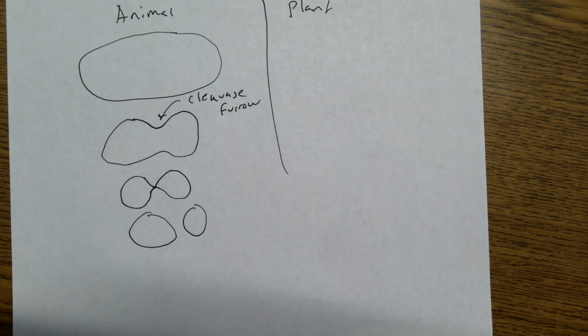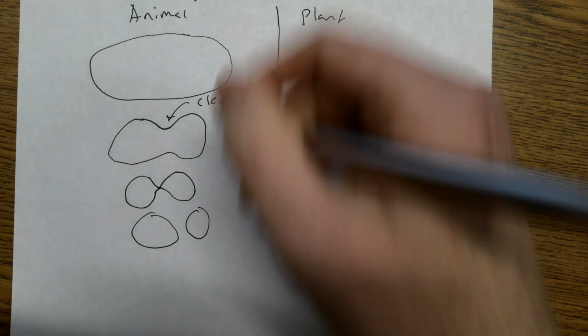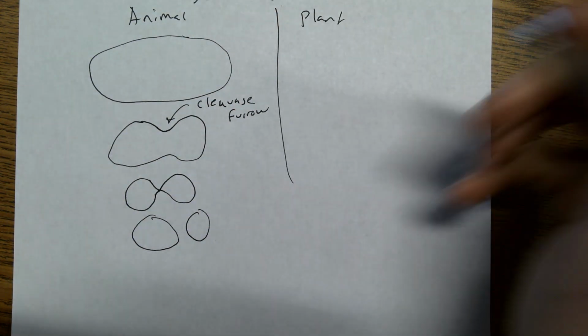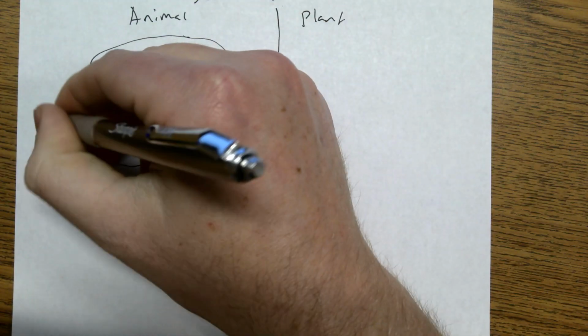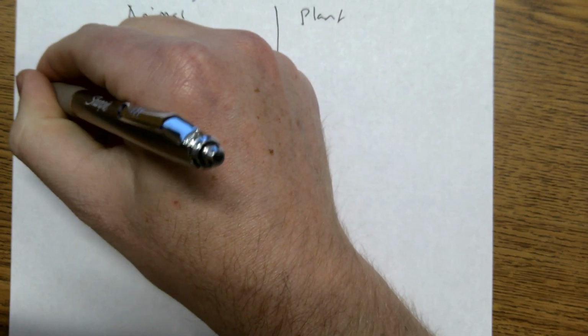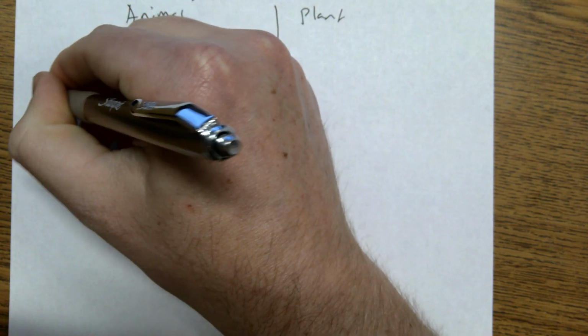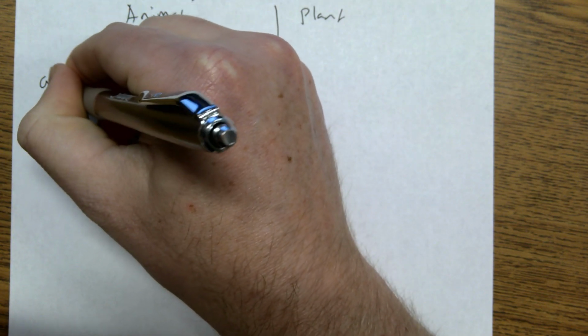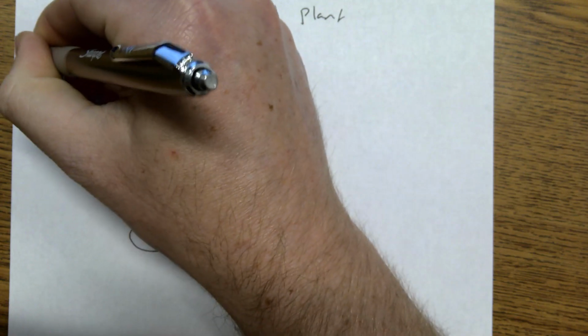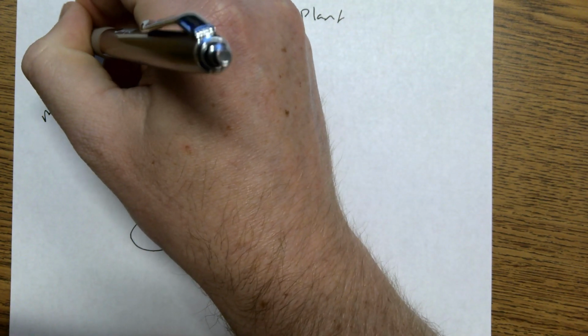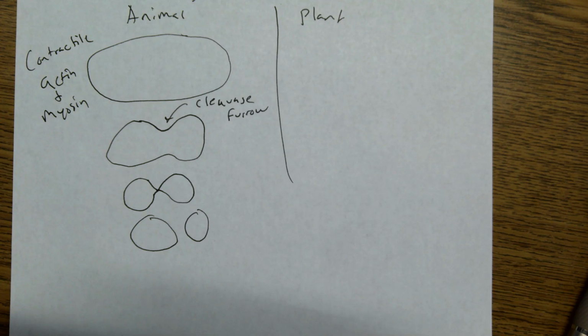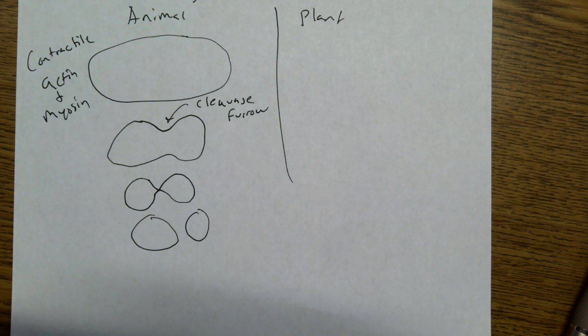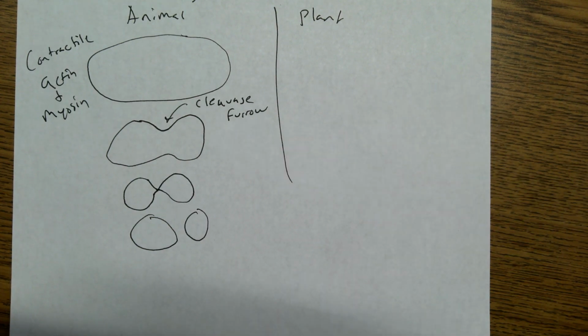This is driven by these things called actin and myosin. Actin and myosin are contractile, so they contract. What they do is cause the cell to move inward and pinch.